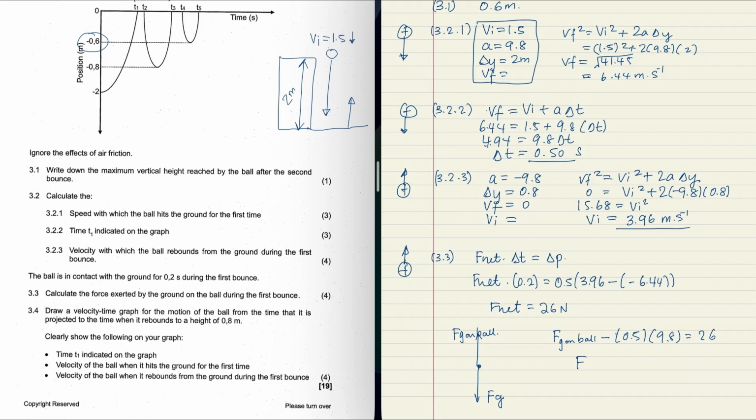That means the force of the ground on the ball is going to equal 26 plus 0.5 times 9.8, which gives us an answer of 30.9 newtons upward.